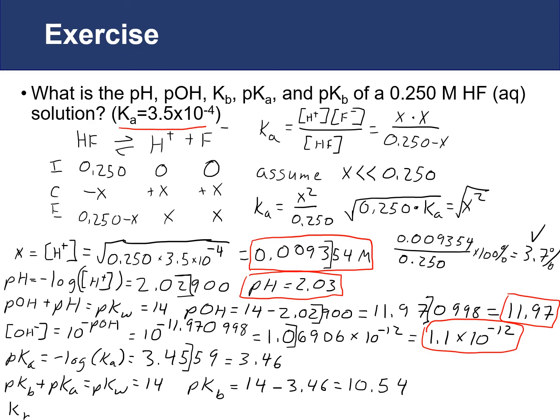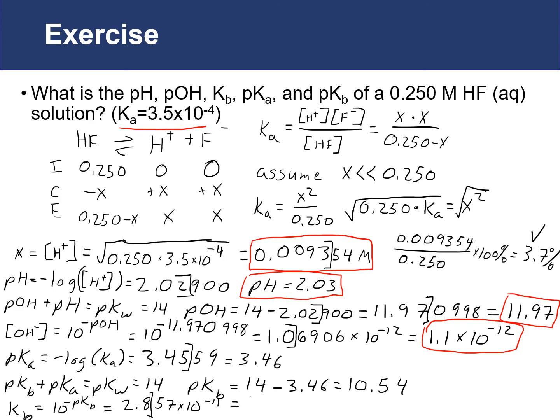Kb is equal to 10 to the negative pKb. So if we take 10 to the negative 10.54, that gives us 2.857 times 10 to the negative 11. Because this is accurate to 2 decimal places, our value will be good to 2 significant figures.